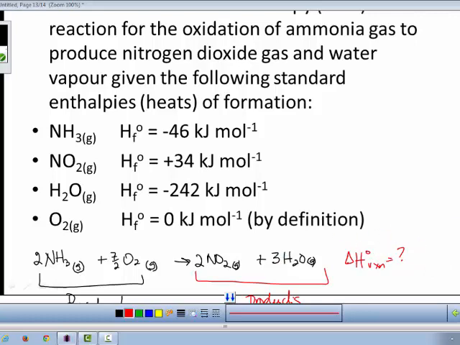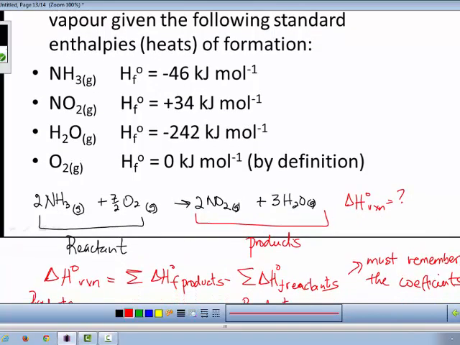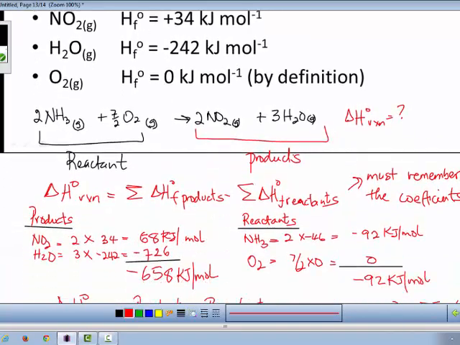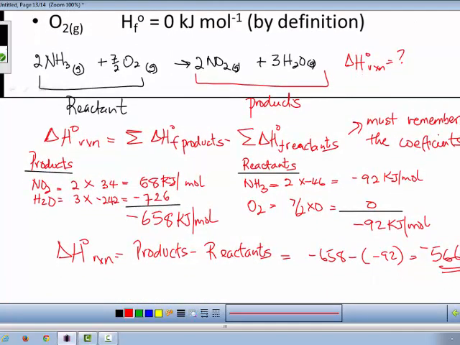If we look at the equation, we have the reactants, remember, always on the left hand side. The arrow means that the reactants yield the products, and the products are on the right hand side. Delta H for the reaction is equal to products minus reactants. I'm going to do it the long way so that you can go through it. When you have mastered it, there's no need to write out the products and the reactants. You can go ahead and do the question.